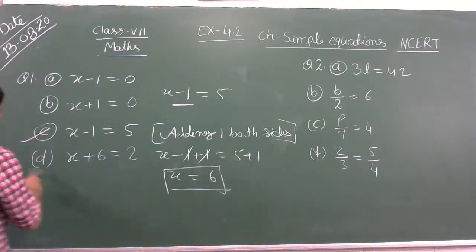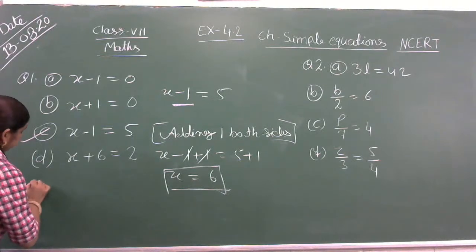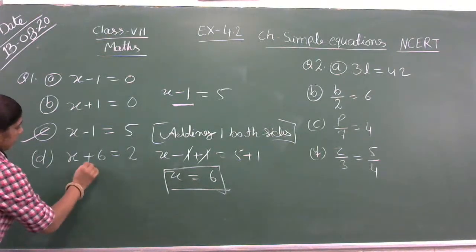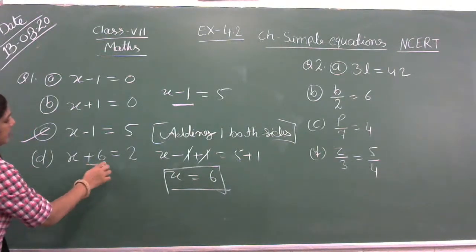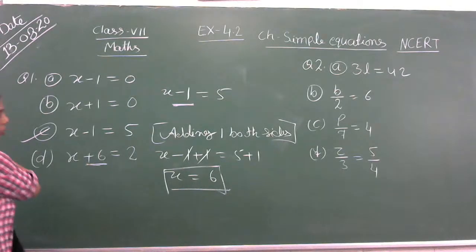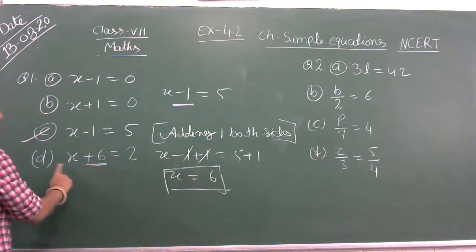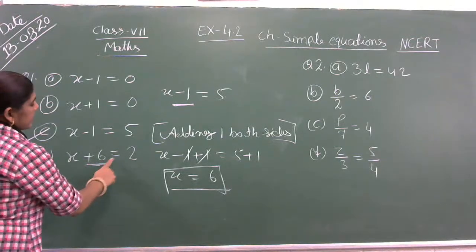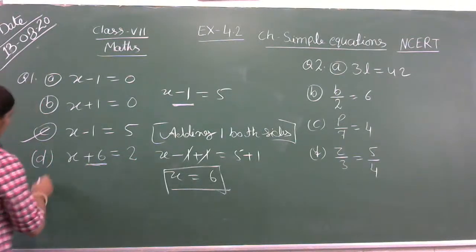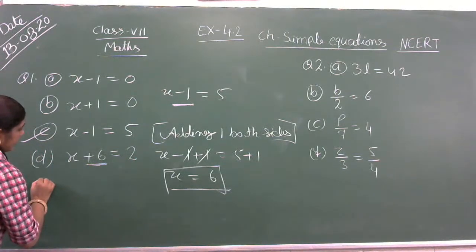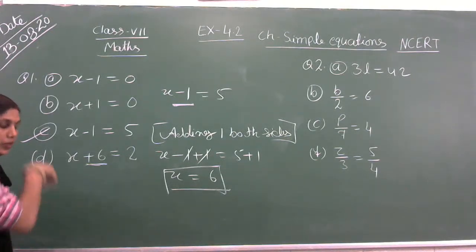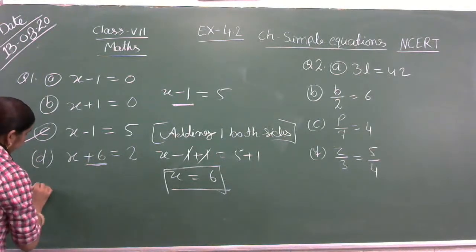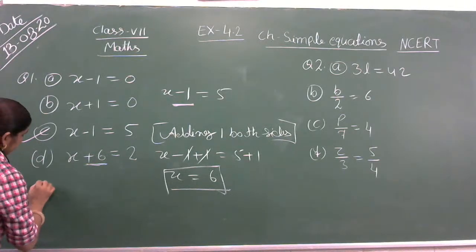Now part D. Look here, x plus 6 equals 2. Given the question, x plus 6 equals 2. So on both sides, what will you do, add or subtract?